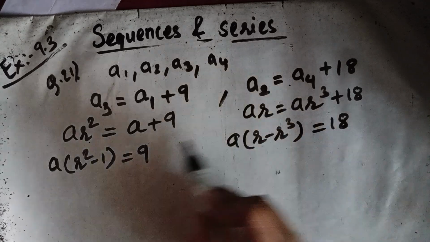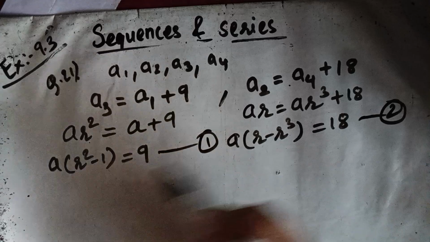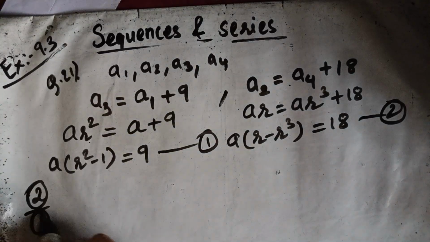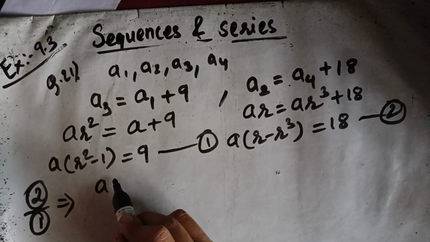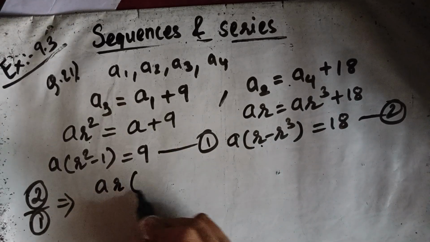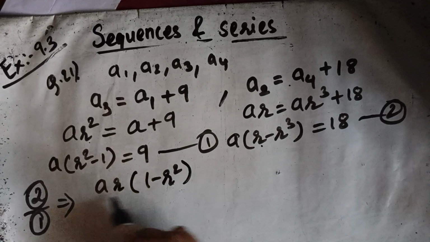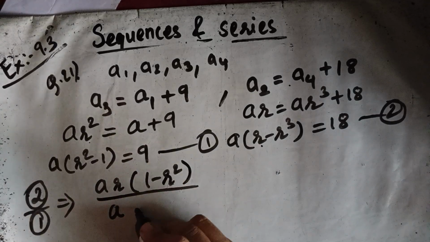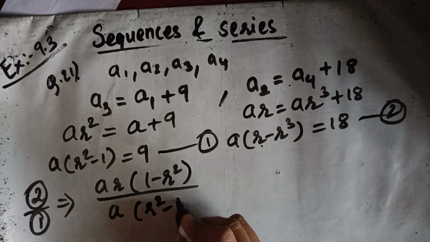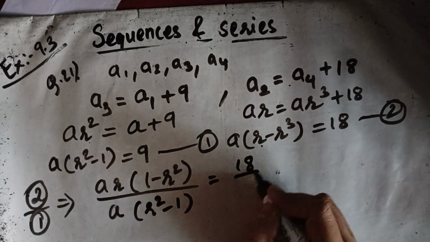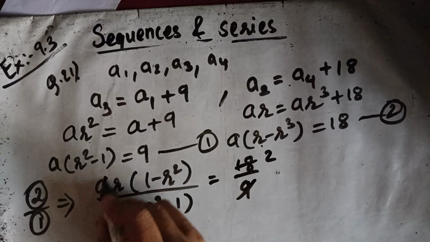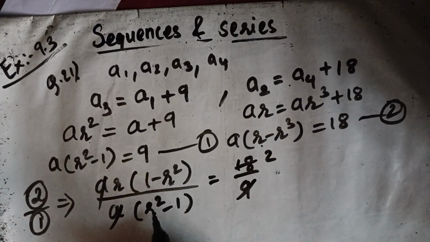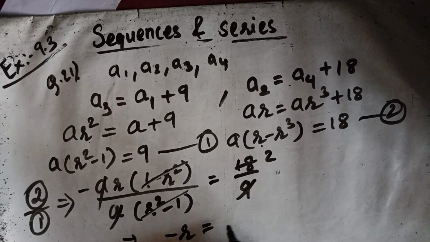So dividing, this is first, this is second, second equation by first equation, divide. Here you can take common R also. Okay, this you can cut, that is minus sign will come outside. So minus R is equal to 2. So R is equal to minus 2.